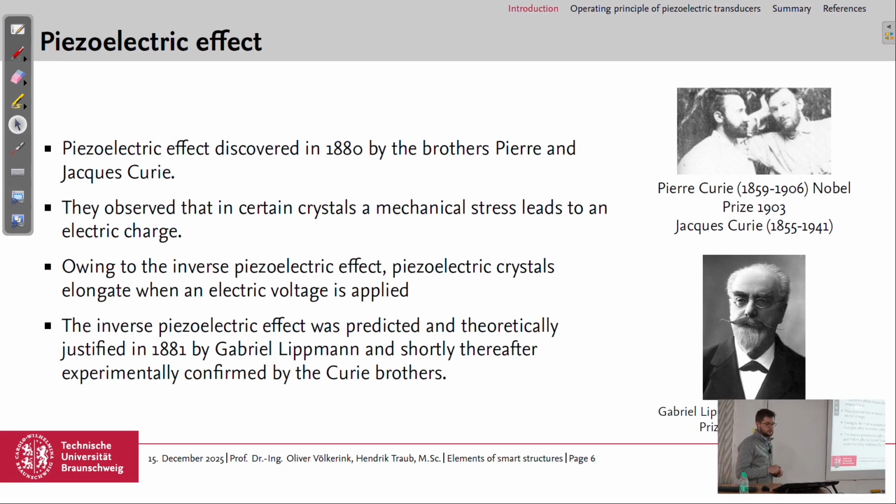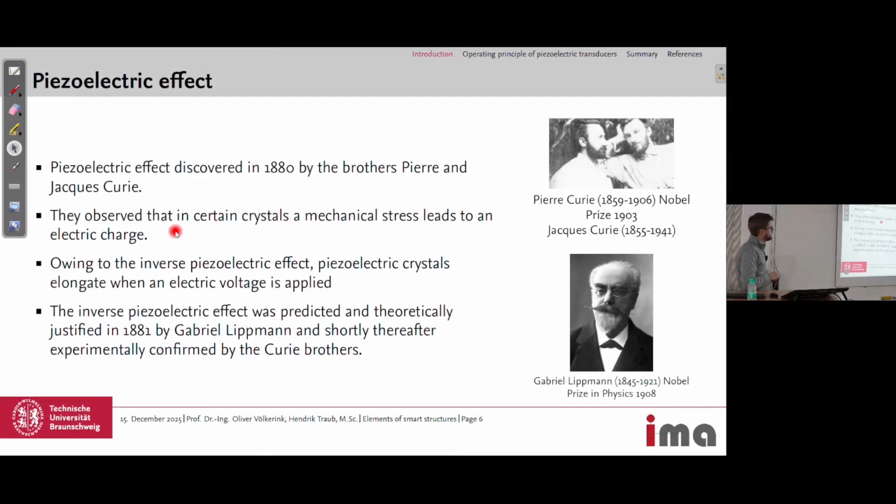The piezoelectric effect was discovered in 1880 by the brothers Pierre and Jacques Curie. They observed that in certain crystals, a mechanical stress leads to an electric charge, which is the direct piezoelectric effect. And owing to the inverse piezoelectric effect, piezoelectric crystals elongate when an electric voltage is applied.